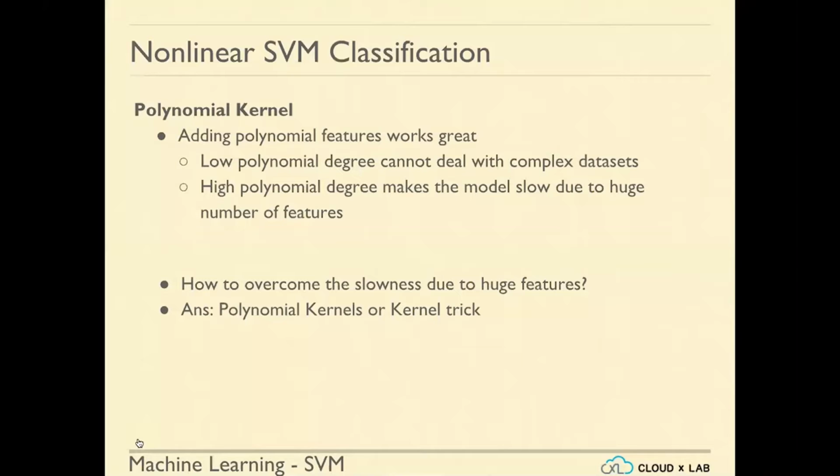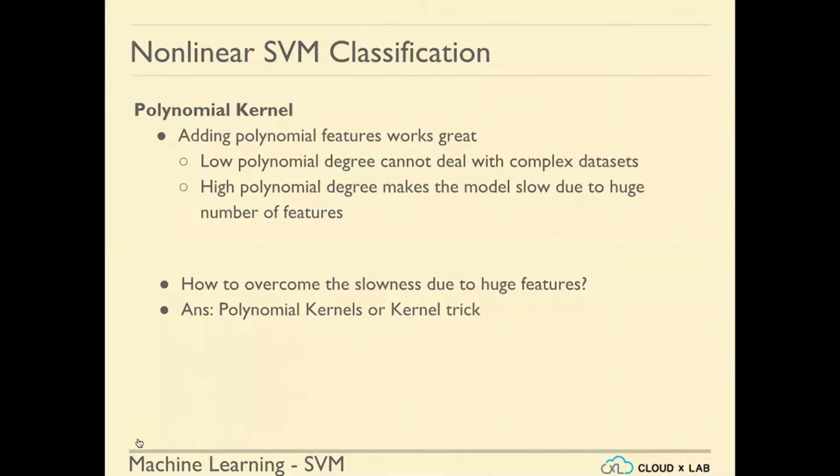All right, so basically, when you have the polynomial features, the one that we did just now, we basically added all kinds of polynomial degrees into our data set, right? So when we are using the polynomial features, the low polynomial degree cannot deal with complex data sets. Like if you have a really intermingled data set, and you're using x square or so, it doesn't solve it.